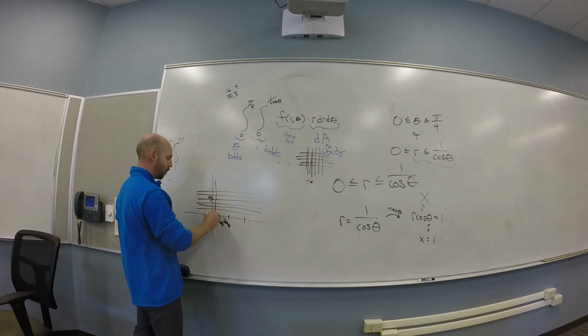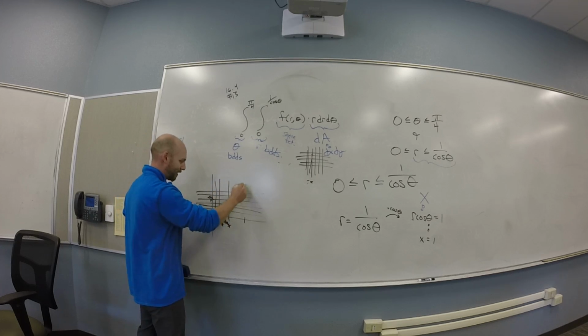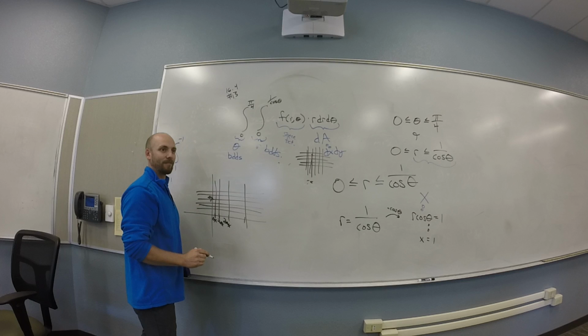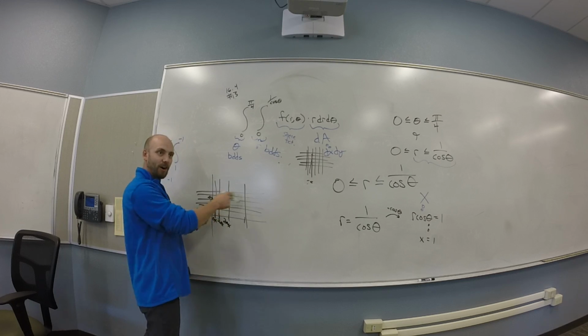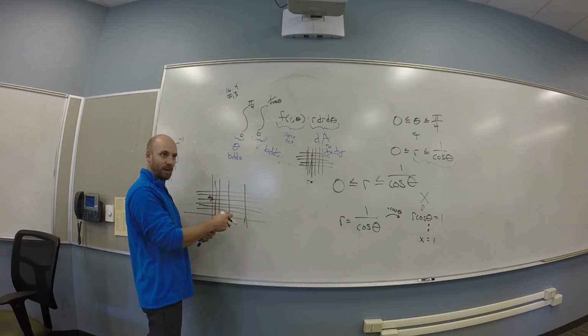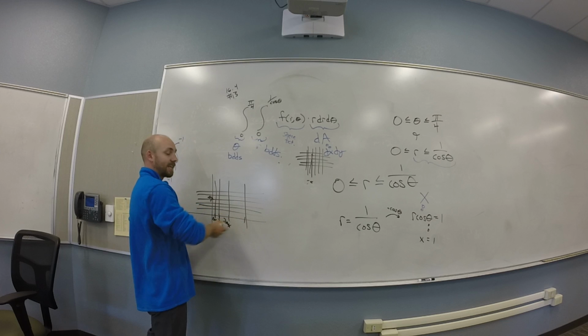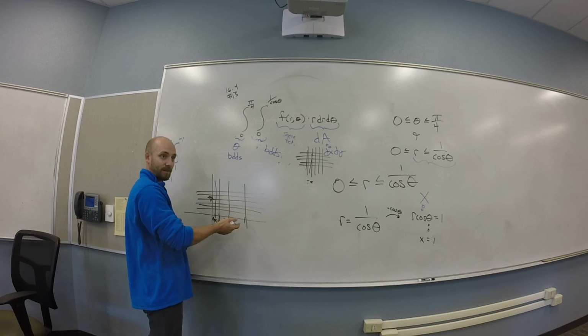See how that would be weird? The change in area of one of these little boxes would depend on where I was sitting in the x direction. You guys all see that?